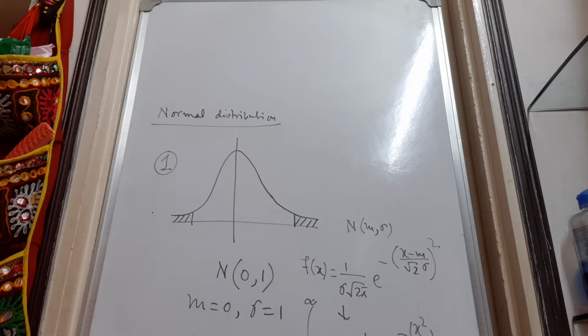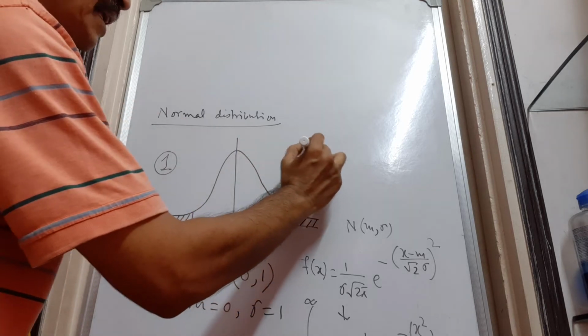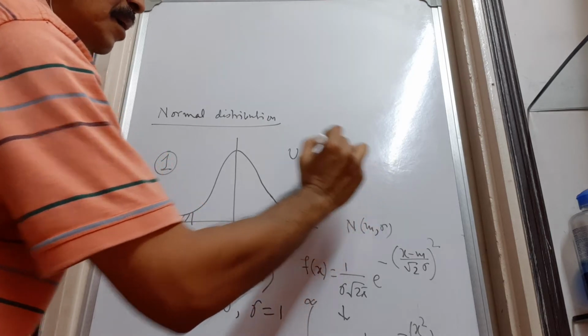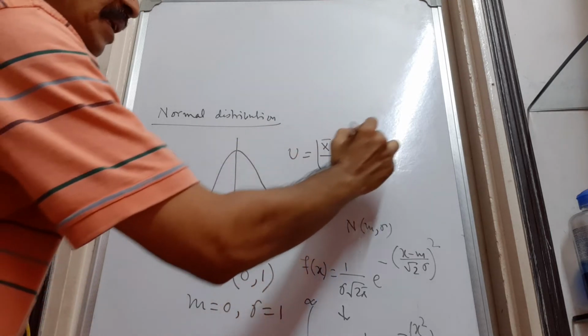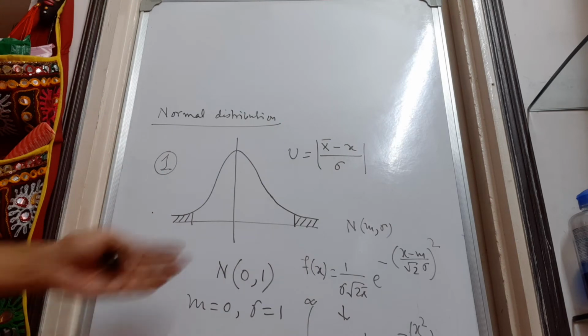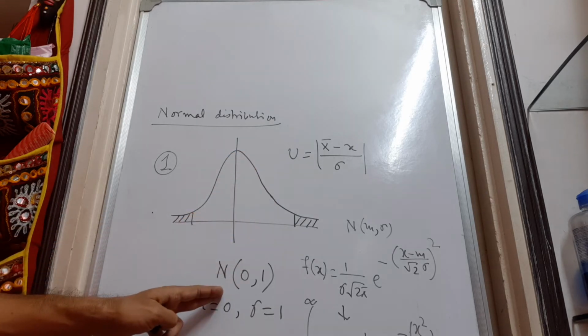If we calculate this variable, mod of plus minus, what does it mean? This means the deviation from the mean value, mean is 0 here, by sigma.